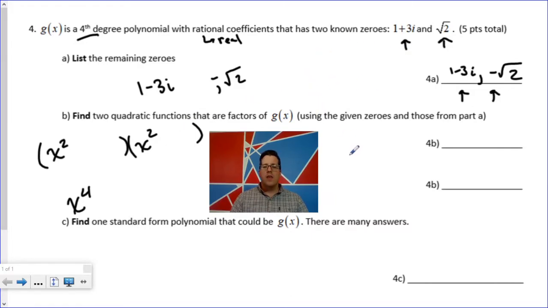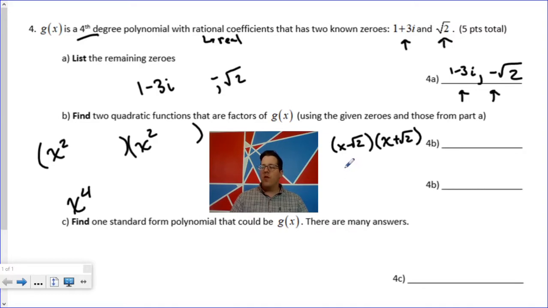Well, if the square root of 2 is a zero, then x minus the square root of 2 is a factor. And if the opposite of square root of 2 is a zero, then x plus the square root of 2 is a factor.